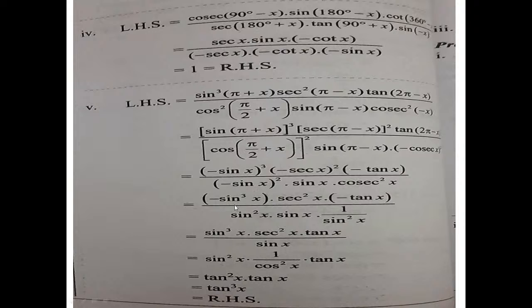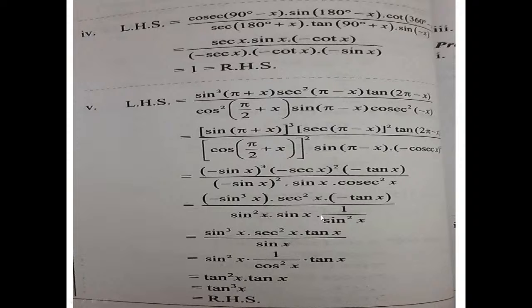Minus sin cube x sec square x minus tan x sin square x. Sin x into sin x cancel, so we get sin square x into sec square x.